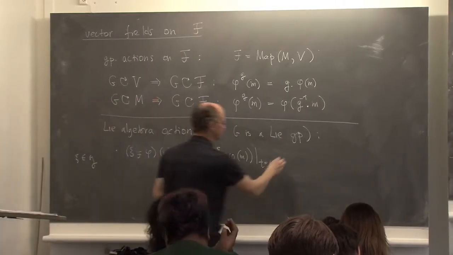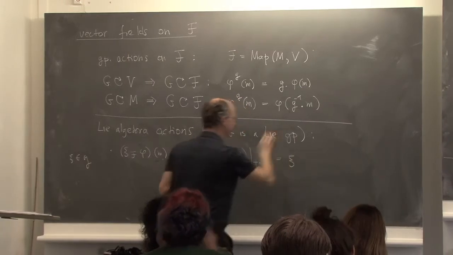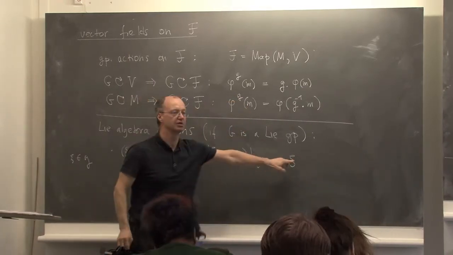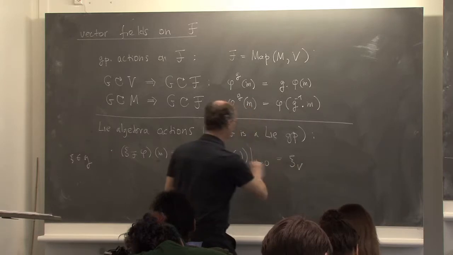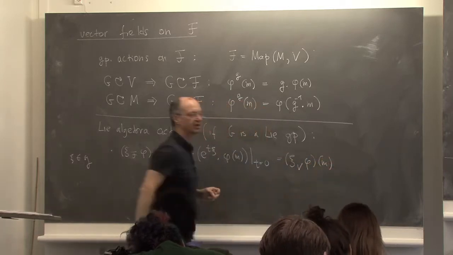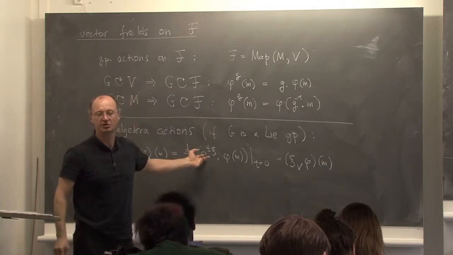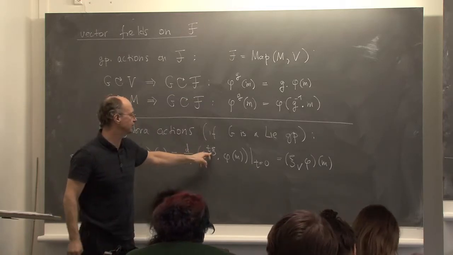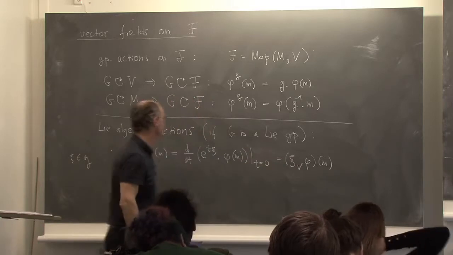This is simply the action of this Lie algebra element on the target, on phi, computed at M. That's just the definition of the action of the Lie algebra on functions.